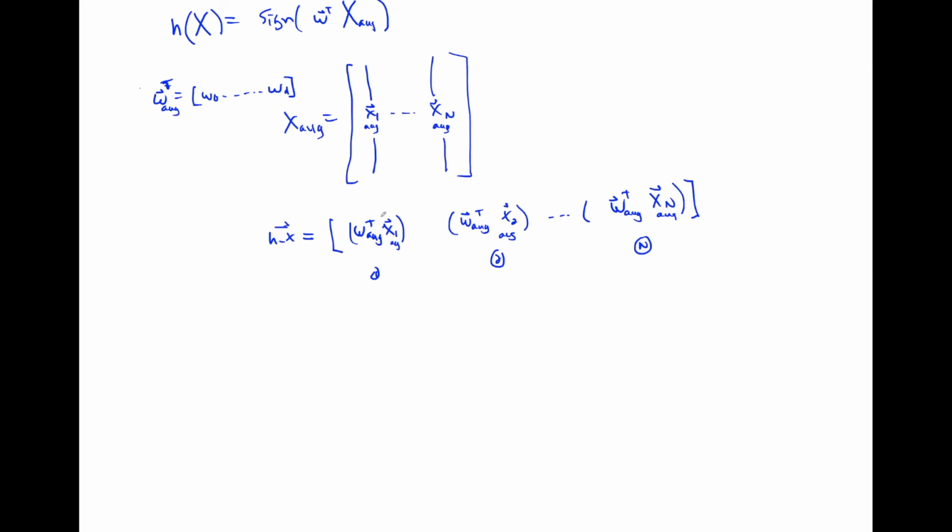And each one of these values is either going to be positive or negative, so that when we take the sign of each of these values, positive or negative, we're going to get back either a +1 or a -1 for each one of these products.